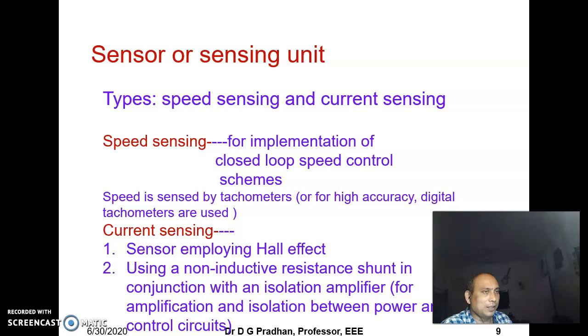So in this subject, we will come across two types of sensing unit: the speed sensor and the current sensor. As I have already told, the speed will be measured using the tachometer, or the digital tachometer for high accuracy, and the current sensor will employ the Hall effect sensors.